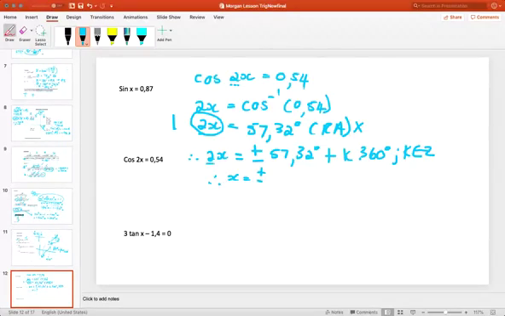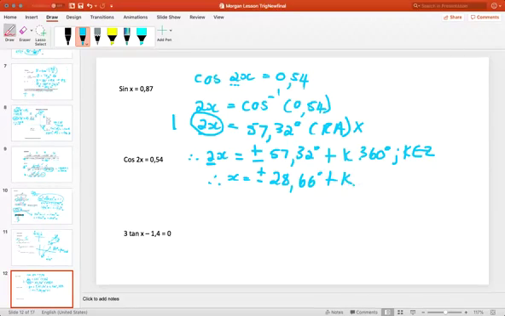So now, x is equal to plus or minus. Now what we do is we divide every single term by 2. So we'll say 2x divided by 2 is x. Then we have to divide our reference angle. So we had 57.32. Divide that by 2 is going to give us 28.66 degrees.